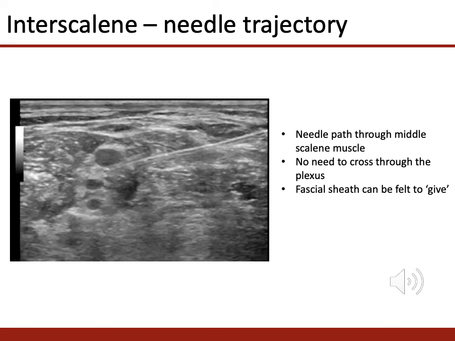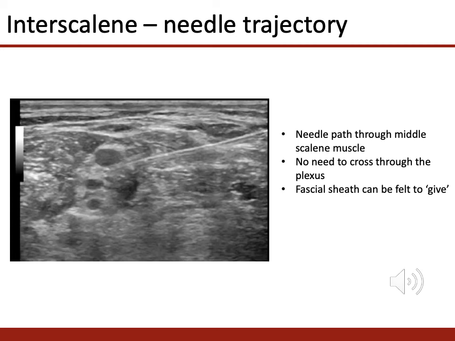If the dorsoscapular nerve is visible, then obviously we avoid this structure. And then the needle is placed between C5 and the bifid C6, which you can see on this image. The fascial sheath, which surrounds those two structures, can be felt to give as it is punctured.